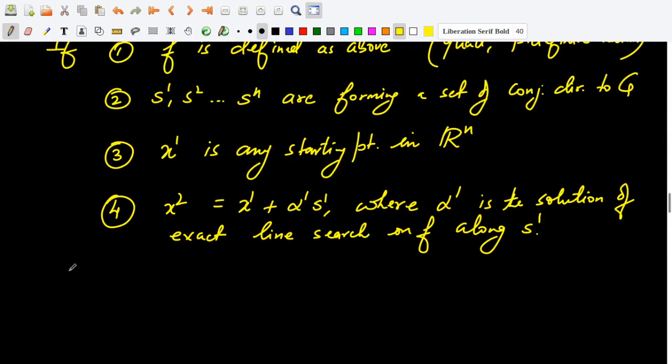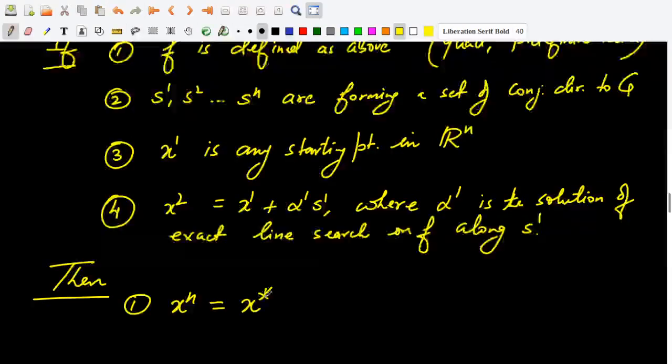Okay, then after making so many assumptions, what is the result we will get? Xn is actually going to be x star.